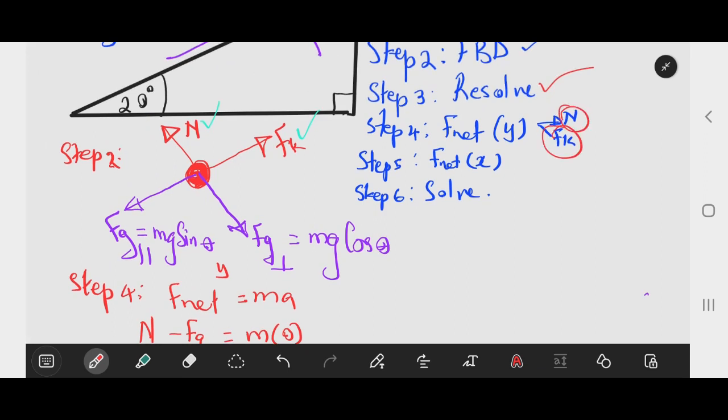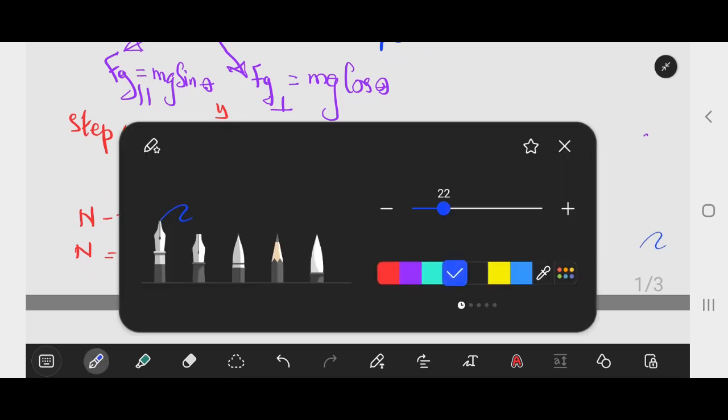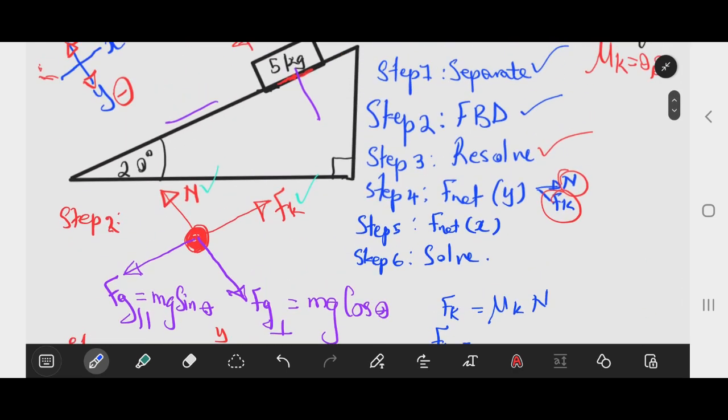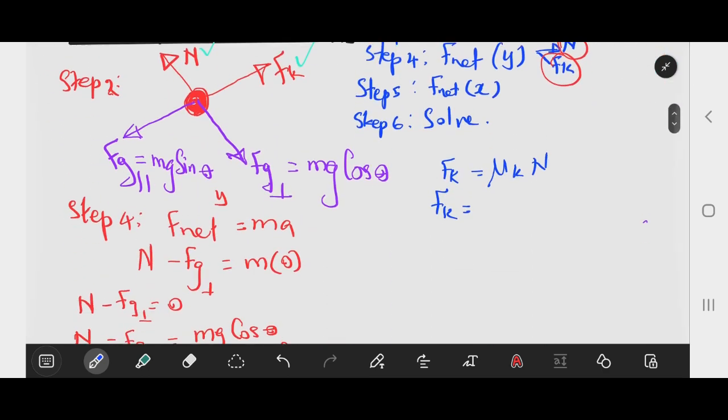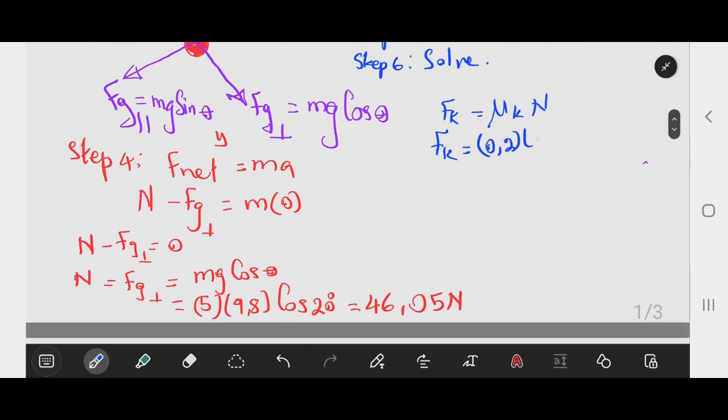So we can now calculate the friction. So after obtaining the normal force, we can calculate the friction. The friction will be Fk equals the coefficient of kinetic friction multiplied by the normal force. So Fk is equal to the coefficient of kinetic friction we are given as 0.2 from the statement. So that is 0.2, and the normal force we obtained, 46.05.